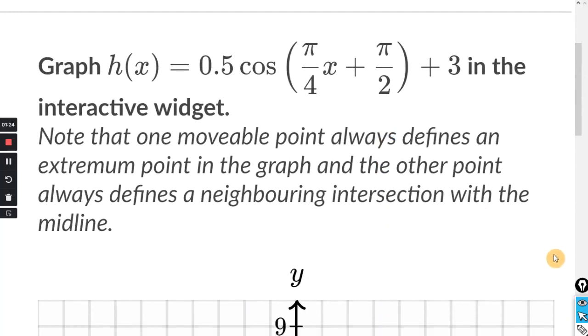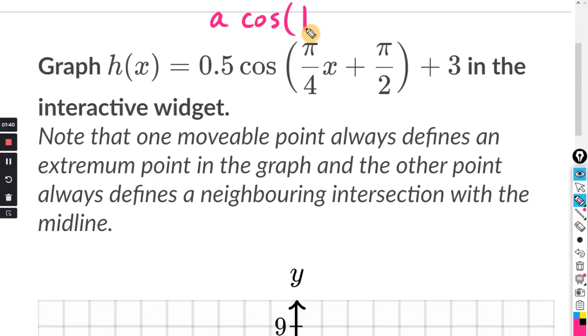All right. Now, this equation is in the form of A cosine of bx plus c, plus d. And the order I'm going to do this in, I'm going to do B first, that's based on the period.